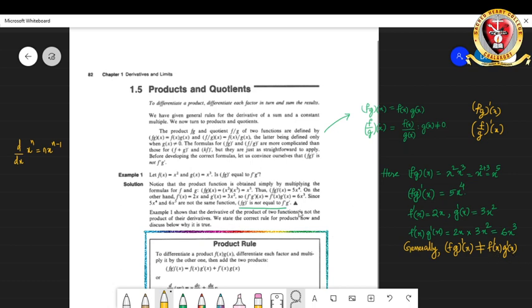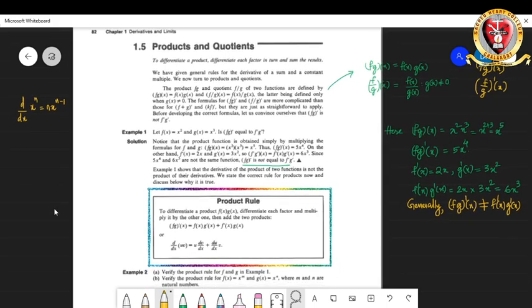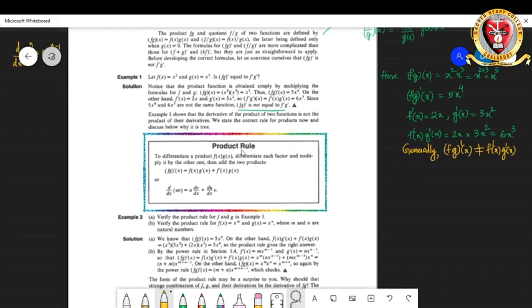So how will we find the derivative of the product of two functions? So what will be fg dash of x? That makes us go to the product rule. Suppose you have a function f of x and g of x and you are dealing with the product f of x into g of x, and you have to find the derivative. So how will you find the derivative?